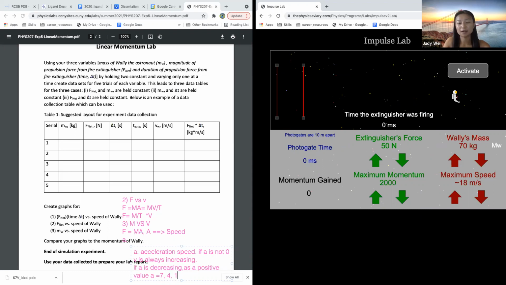It's decreasing, right? But V will always increase. Because let's say V0 is 10, and if the acceleration is 7, the next second there will be 17.